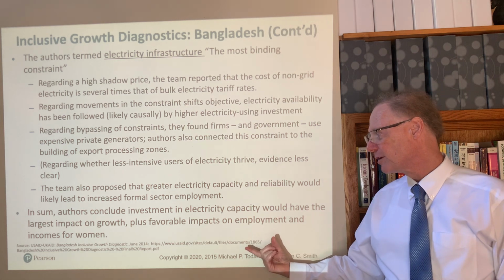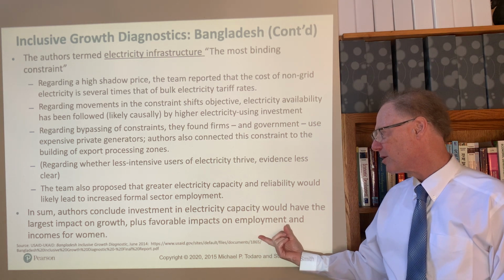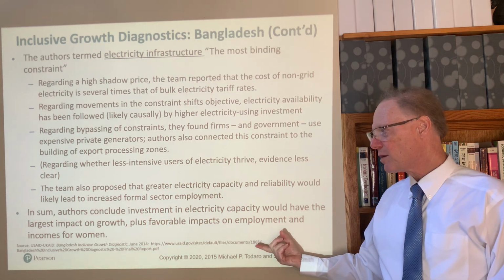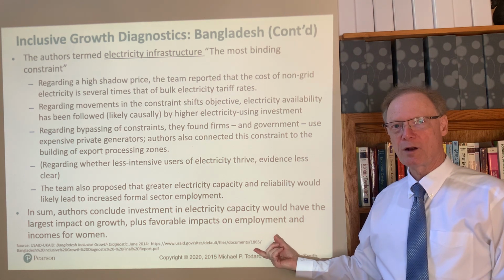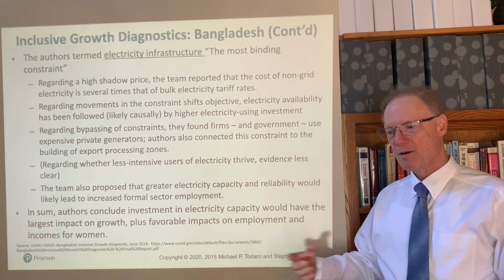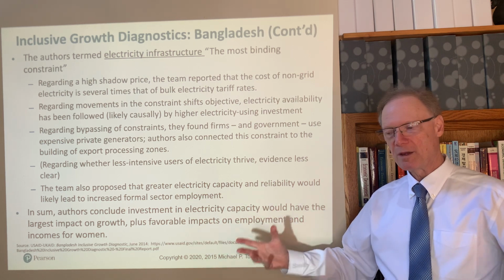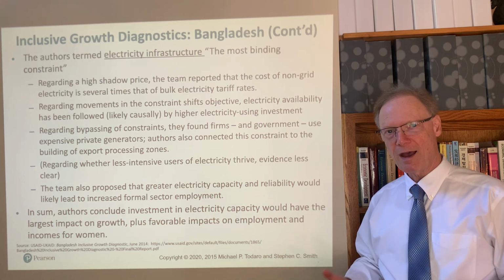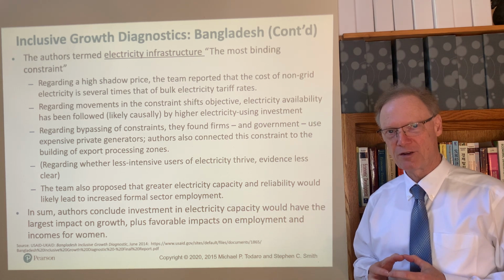And they also concluded that it would have the most favorable impacts on employment and incomes for women, as women, when they got out of the informal economy, were often working in sectors that actively used electricity.